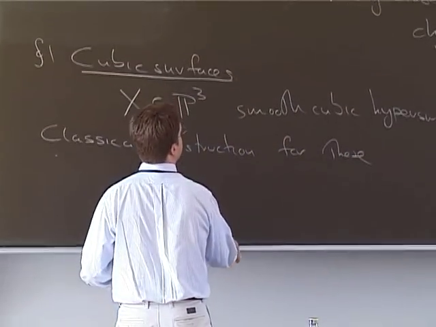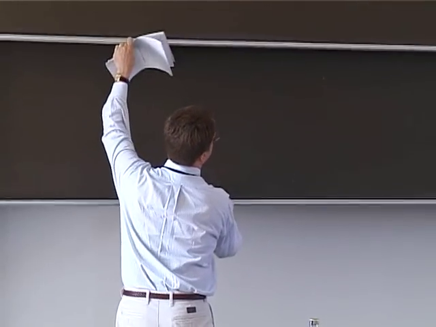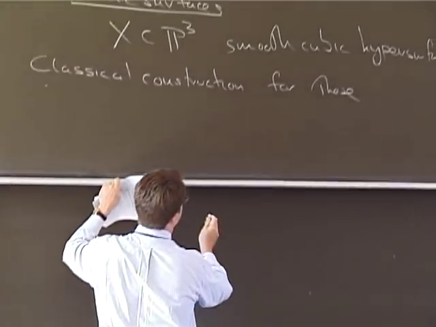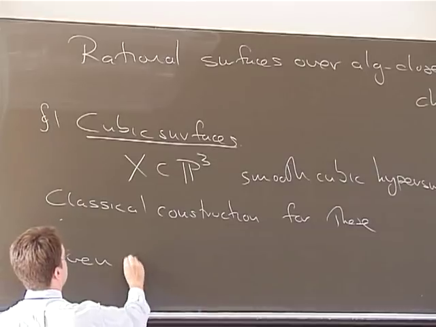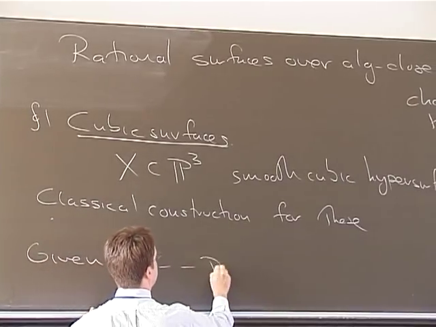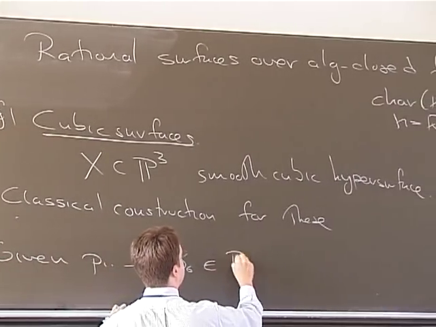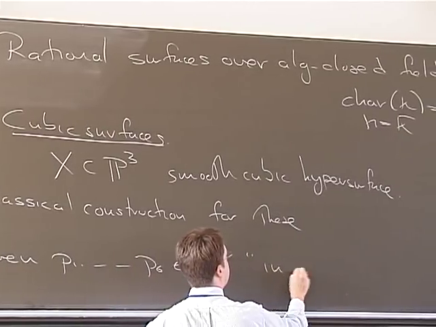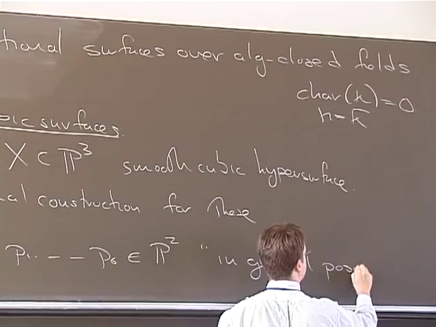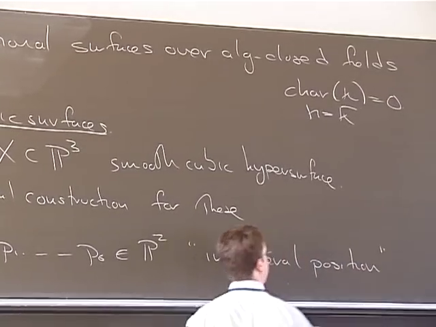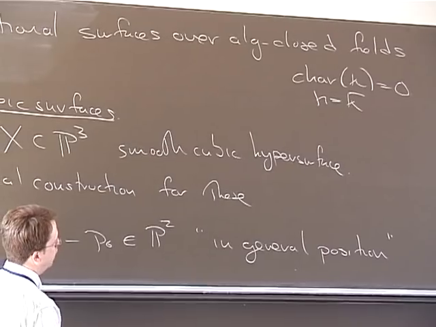So let me start out. Let's say we're given points P1 through P6 in the plane in general position. Let me explain what I mean by that.